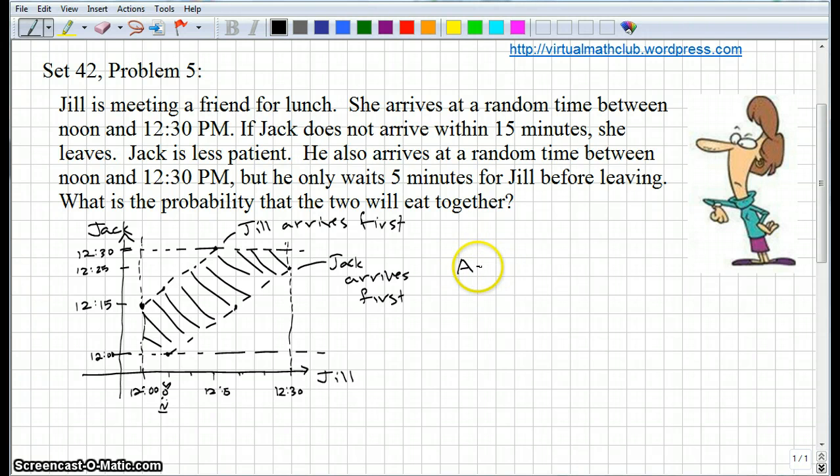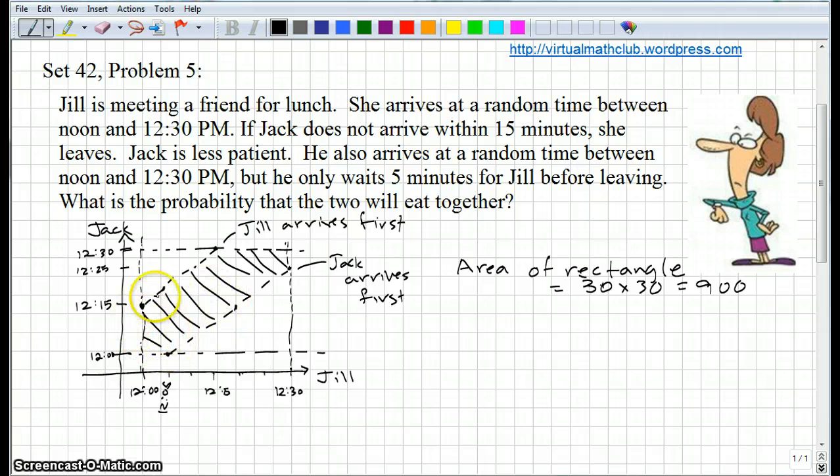So we know the area of the rectangle, which is actually a square because it's 30 minutes by 30 minutes, right? So the area is just 30 times 30, which is 900. Okay? Now we need to figure out the area of this funny shaped thing.